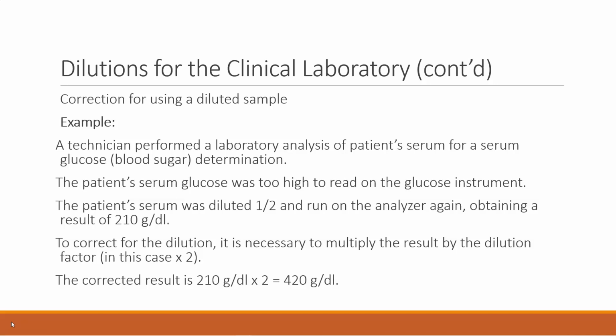So in this case, we're going to dilute the patient's serum 1 to 2 and run it on the analyzer again. So we ran it, and the result was 210 grams per deciliter. Now, that is not the result, because remember, we diluted the sample out. So you have to multiply that result by the dilution factor, which is 2. So in this case, the corrected result is 420 grams per deciliter.